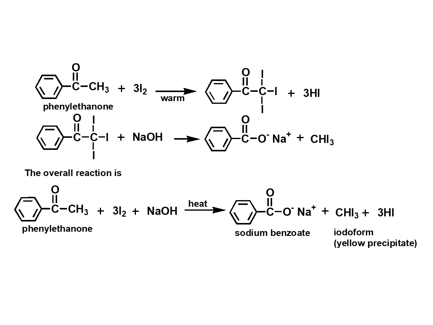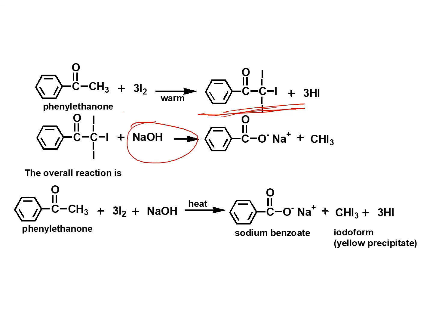For example here we have phenyl ethanone reacting with iodine. First you produce the triiodo compound. It reacts with iodine so it forms the triiodo. Then the triiodo reacts with NaOH, because now we are talking about the iodoform test.